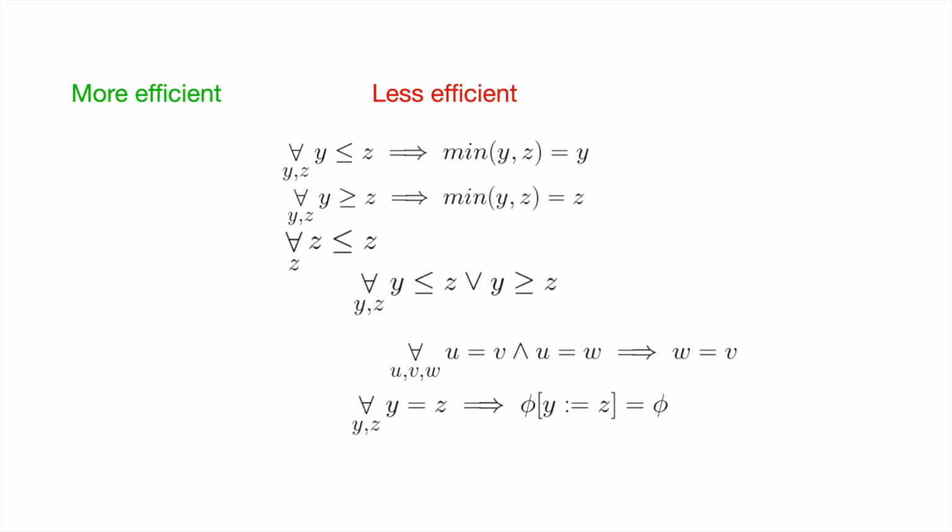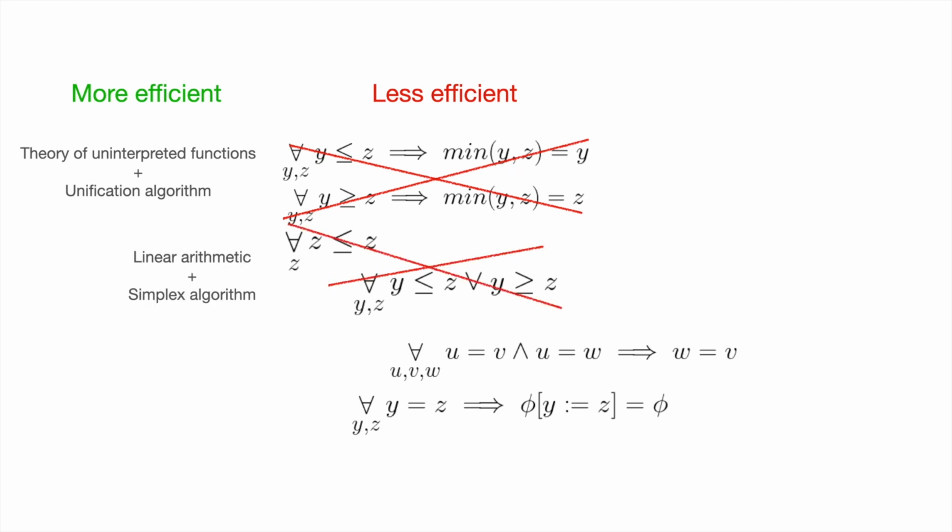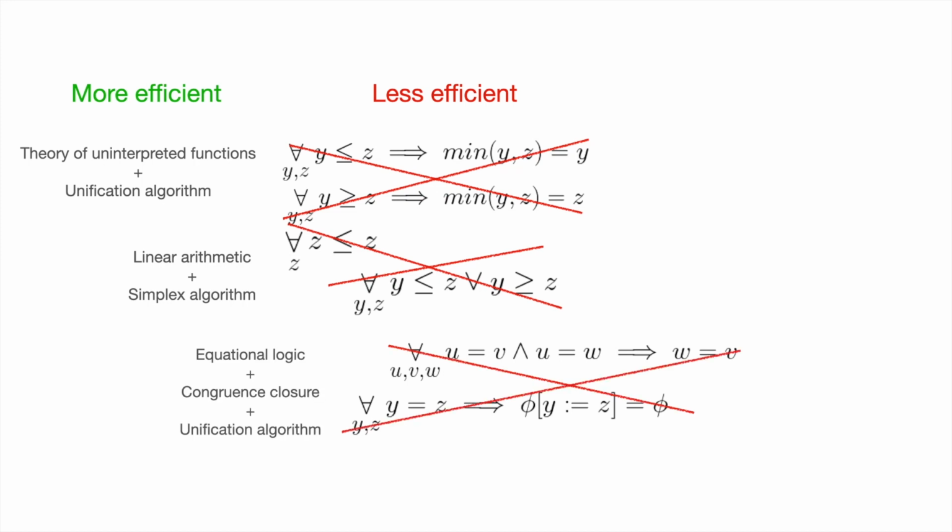For instance, the minimum function would usually be handled by a special module that deals with uninterpreted functions. Such problems could then be efficiently solved using the unification algorithm. The inequalities would usually be solved with the simplex algorithm in a module that deals with linear arithmetic. Equalities are handled using congruence closures and unification.